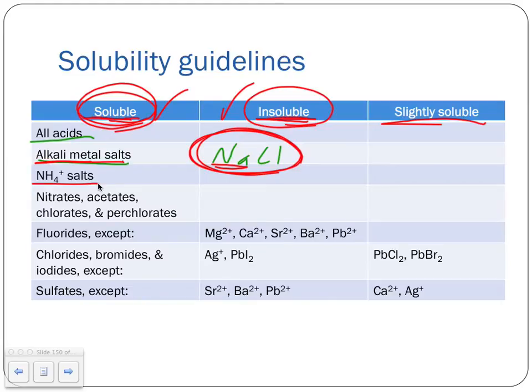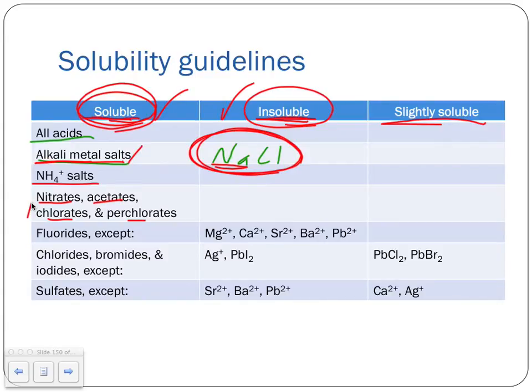Next one, we have several different lists here. So nitrates, acetates, chlorates, and perchlorates. And so this could be any cation with an anion that's a nitrate, any cation with an anion that's an acetate, anyone with a chlorate or anyone with a perchlorate. So let's say potassium chlorate, but that would be doubly soluble because it's an alkali metal salt, because of potassium, and it's a chlorate here.